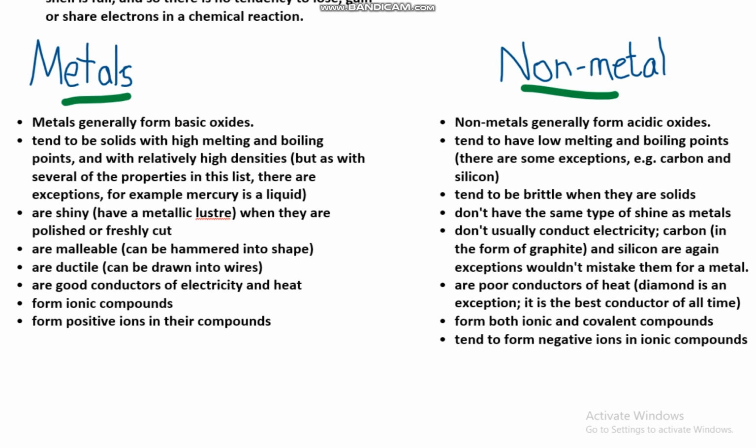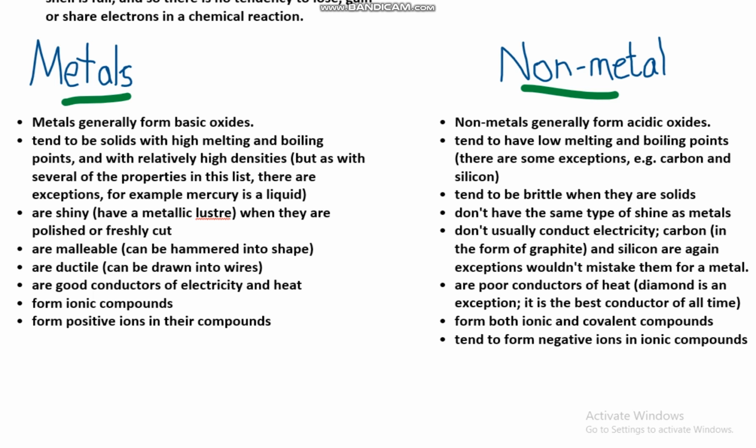And metals are shiny, have a metallic luster when they are polished or freshly cut, and non-metals tend to be brittle when they are solids, and they don't have the same type of shine as metals. Metals are malleable, can be hammered into any shape, and ductile, can be drawn into wires. But non-metals are brittle, which is the previous point.